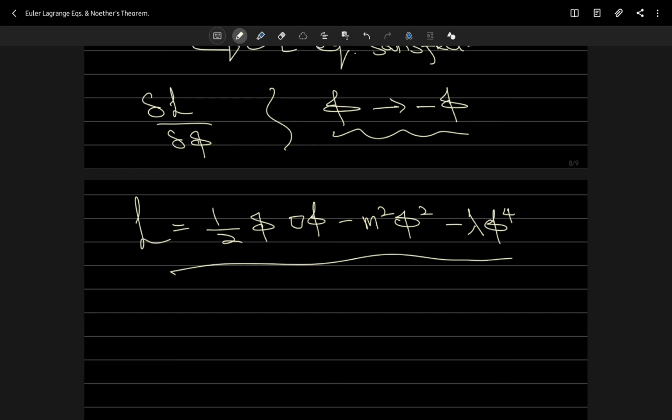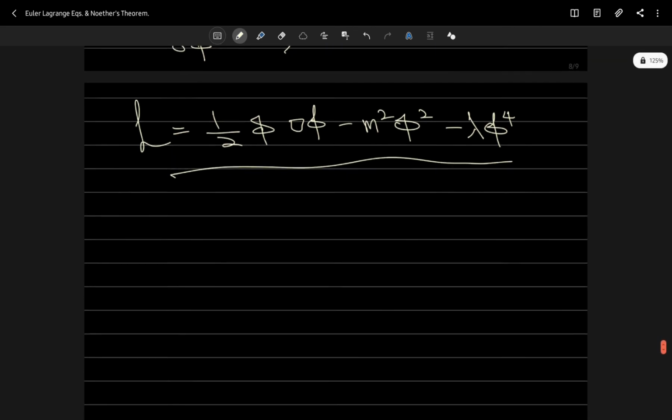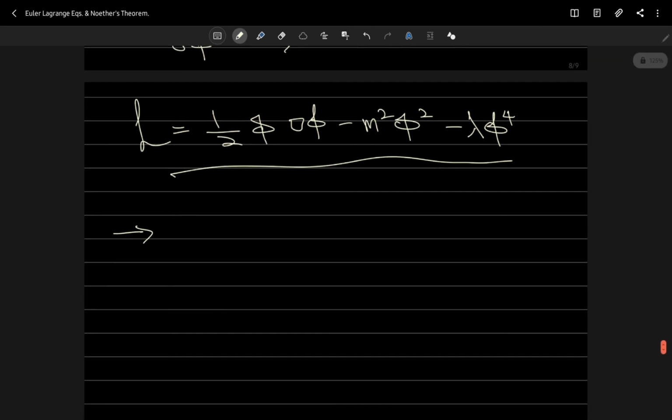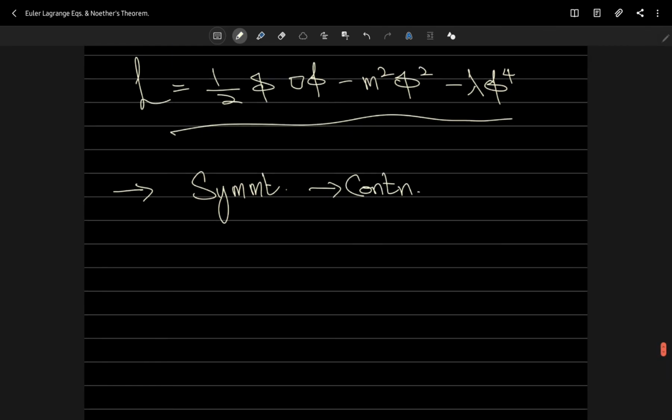Now, before I end this video, or this very long video actually, let's list down some of the important points for Noether's theorem. The first one is that the symmetry must be a continuous symmetry, right?